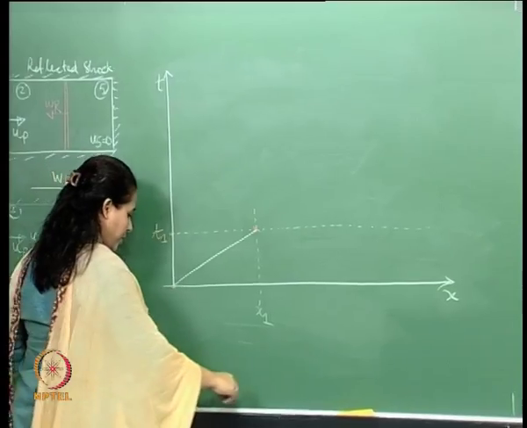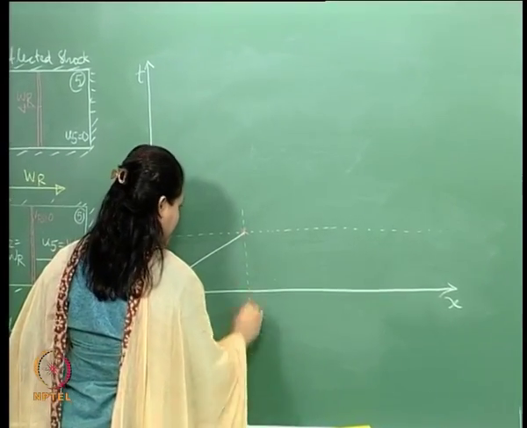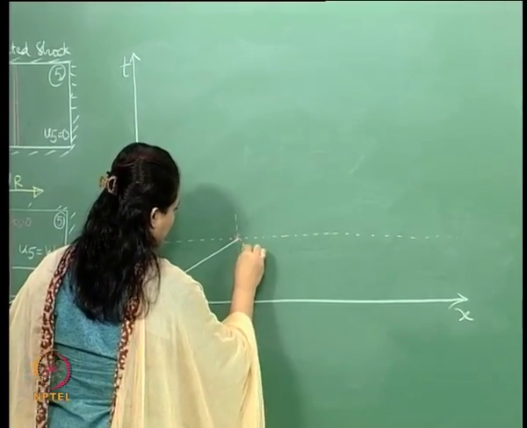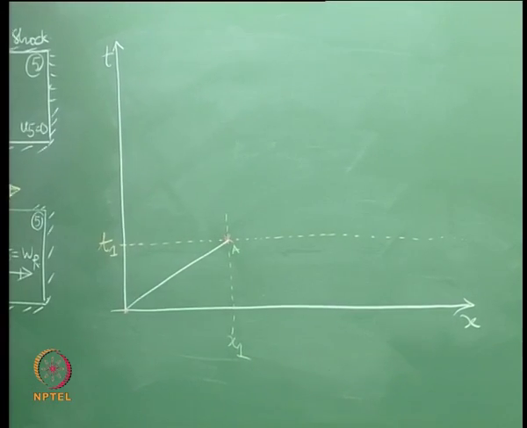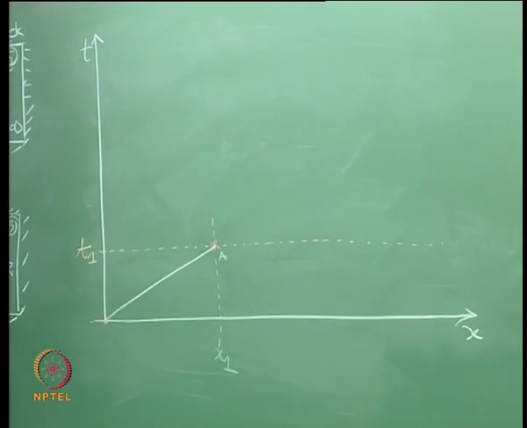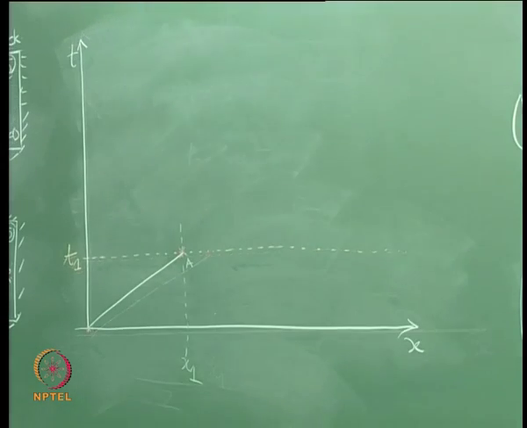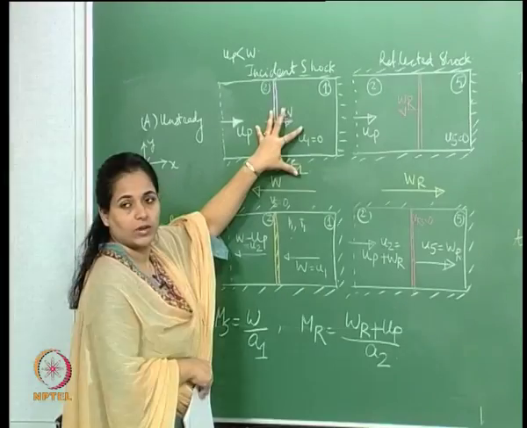Let me call that A. The point A in that xt diagram is essentially this picture here.